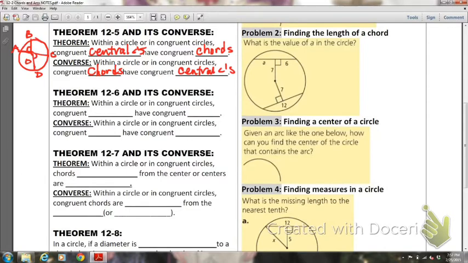So that means that the chords that connect A and B, there's a segment connecting A and B, that's the chord, and then there's a segment that's connecting C and D, and that's chord CD. So the congruent central angles have congruent chords. So here central angle AB is congruent to angle CD, and chord AB, which is a segment, is congruent to chord CD.